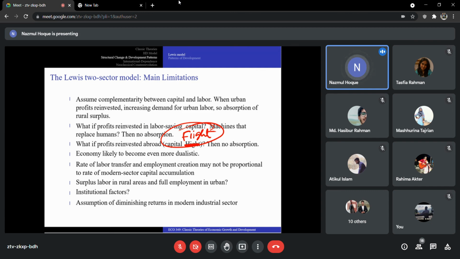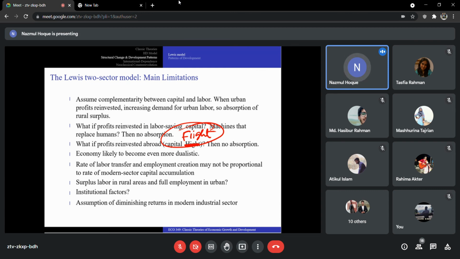Some of them are legal money sent illegally, some of them are illegal money sent illegally to foreign countries. Those are not being utilized in our economy. So if you have a significant amount of capital flight, reinvestment in the domestic economy is not happening. So absorption of surplus labor in the domestic economy is also not working.